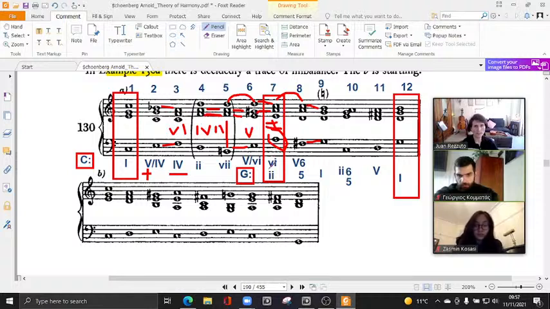So in A, we have a very strong gravitation around the A minor, which is the pivot. And at the same time, the pivot is in the scheme of things.